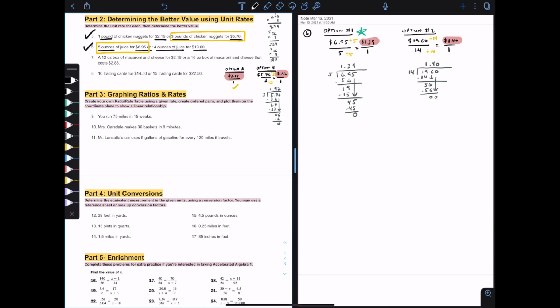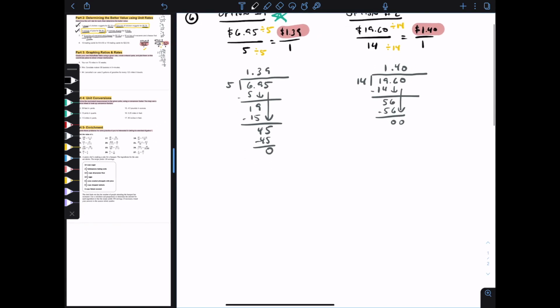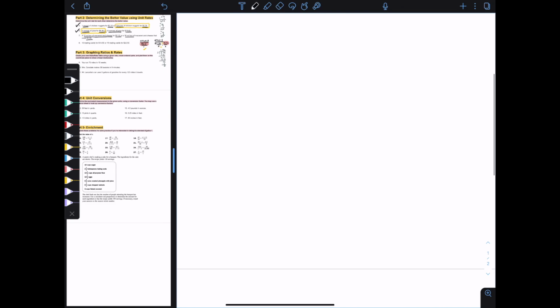While we're still over here, let's take a look at number 7, a 12-ounce box of macaroni and cheese that's $2.15, and a 16-ounce box of mac and cheese that costs $2.88. We'll go back over here, scroll down a little bit, and number 7. Well, we got 2 options, right? It's definitely easier to write with a bigger screen here.